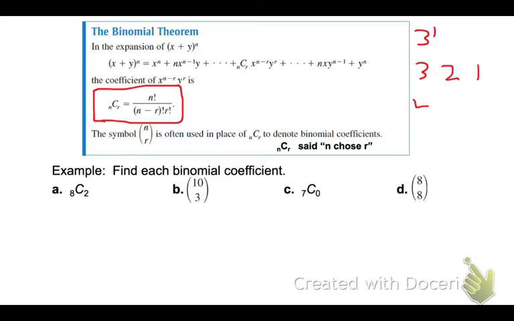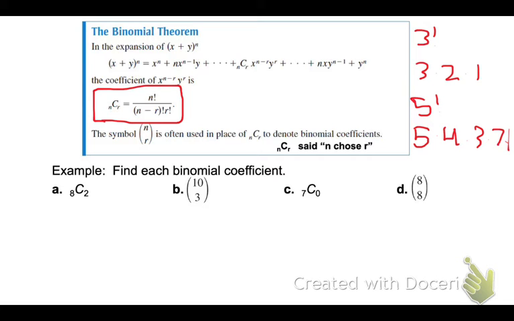So 5 factorial is what? 5 times 4 times 3 times 2 times 1.